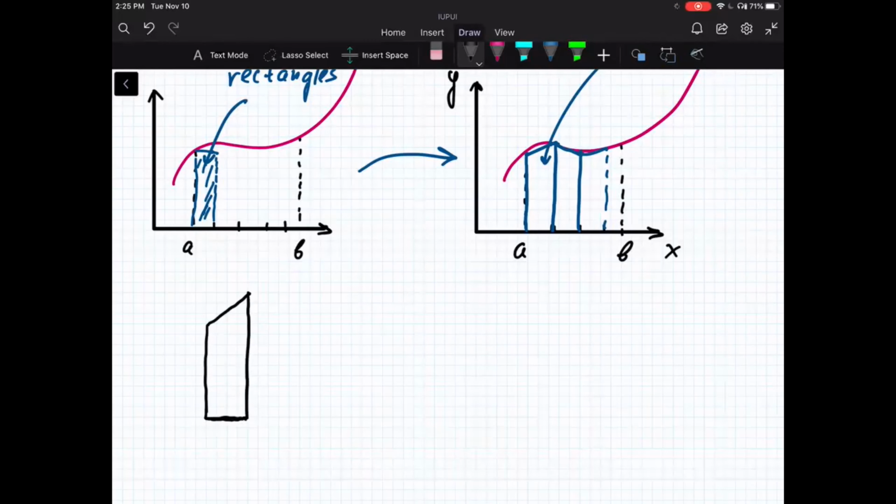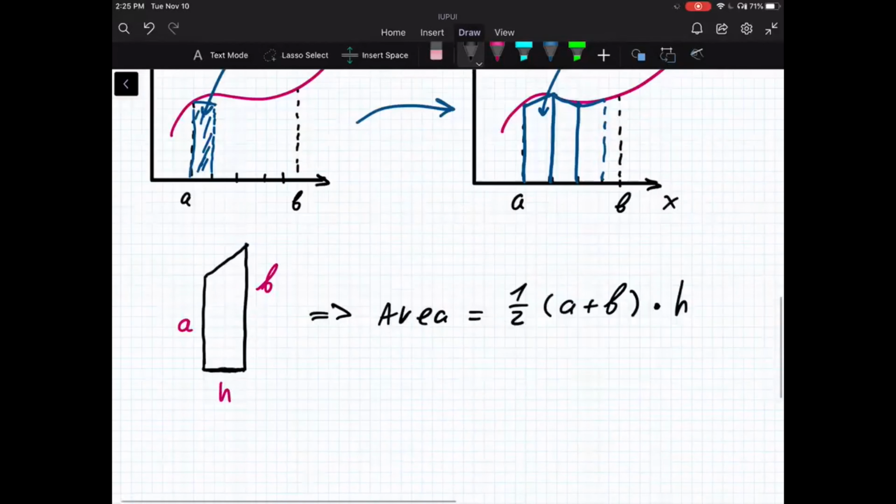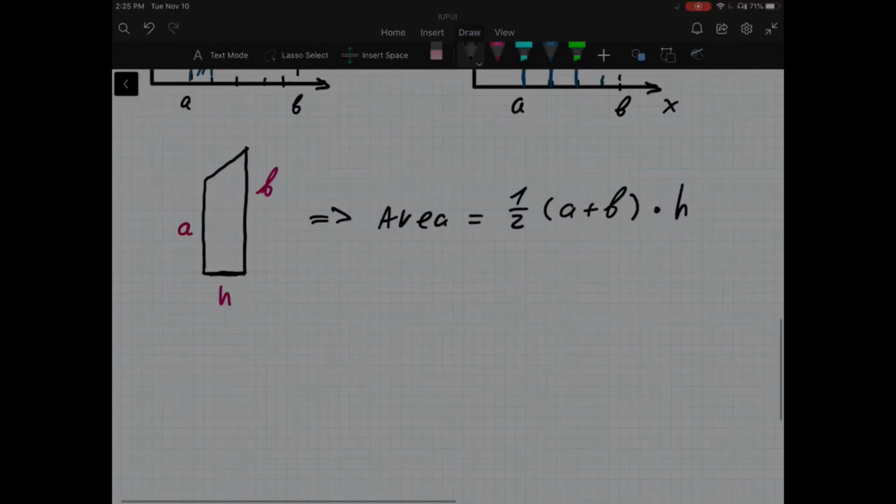So suppose that this side has length a, this side has length b, and the base has length h. Then the area is equal to 1/2 the sum of the sides times the base. Let's apply this in our case.